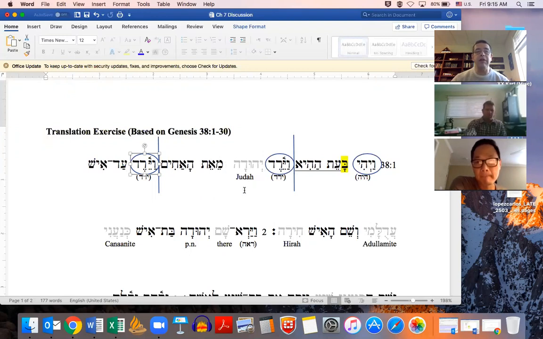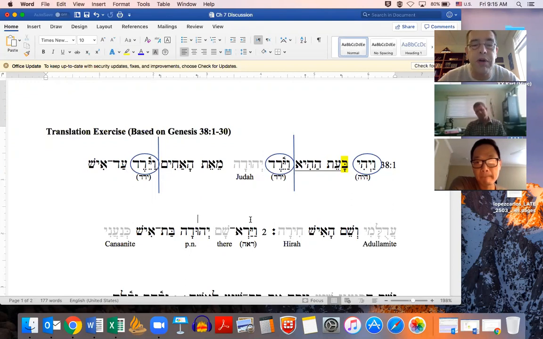Are there any other things that give us indication of how we might group words, or how we might put together the elements in this clause? There's a preposition in. Good. So I have a preposition here. It's actually a double preposition, right?